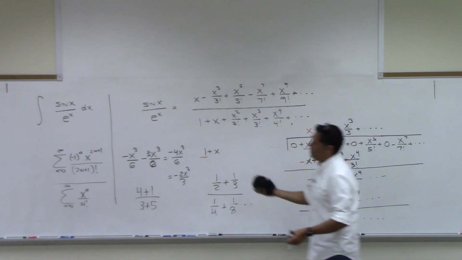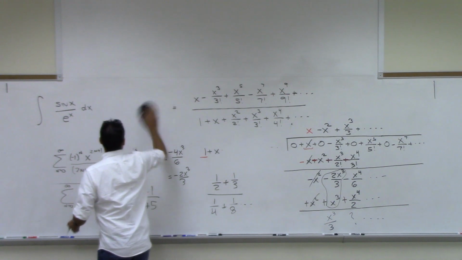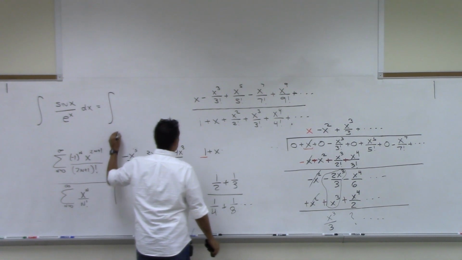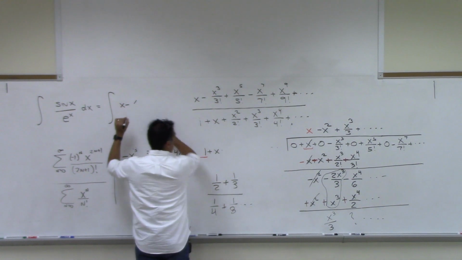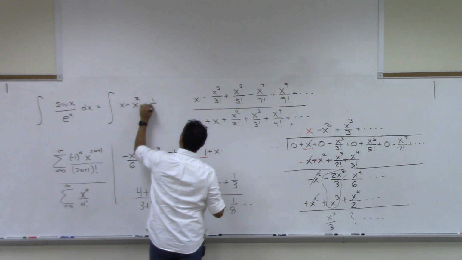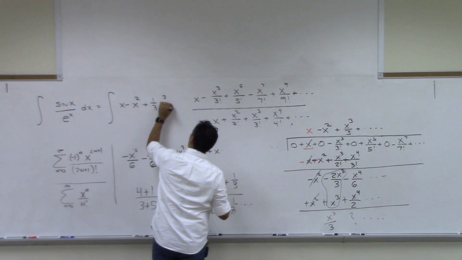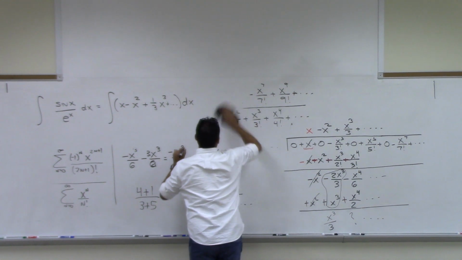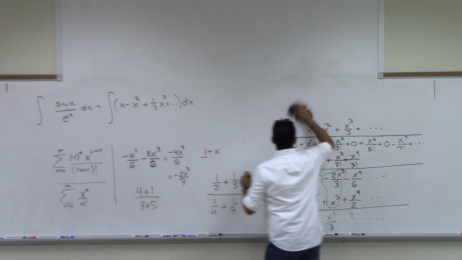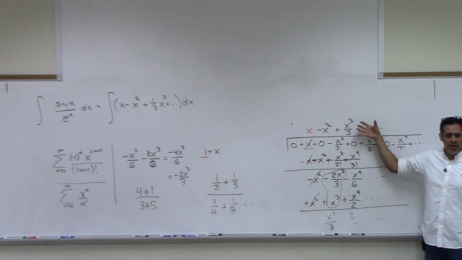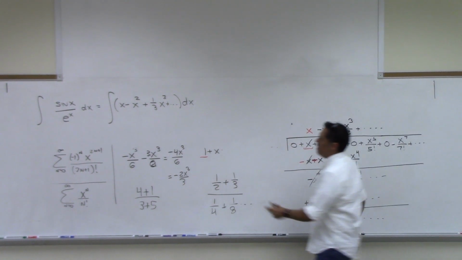So to come back over here and answer the question, this would be the integral. If I just have the first 3 terms, the integral of x minus x squared plus 1/3 x cubed plus dot, dot, dot, dx. A lot of times you can look at this and come up with a formula for it and put it into sigma notation, but I'm just going to leave it like that.